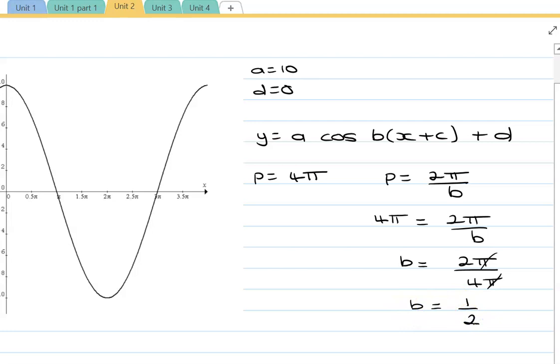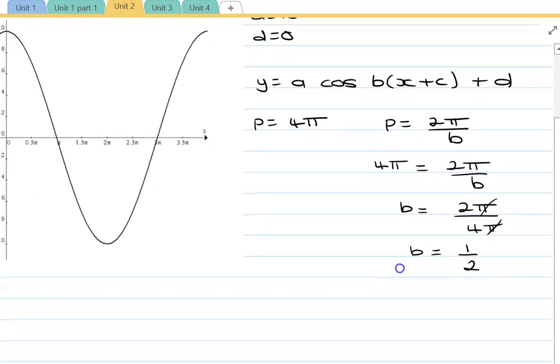So the value of b is 1/2. Now you have to also decide whether there's been a horizontal shift. Well, no, there hasn't in this case because I've chosen to use the cos function, so there has been no horizontal shift. So therefore I can now write the equation of this graph as y equals 10 cos 1/2 x.